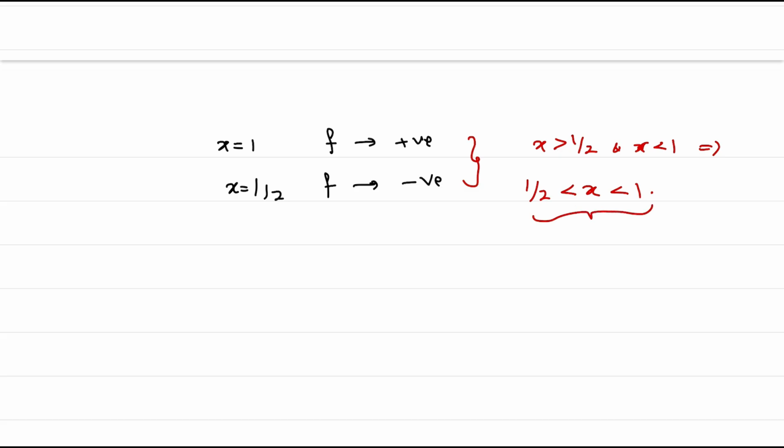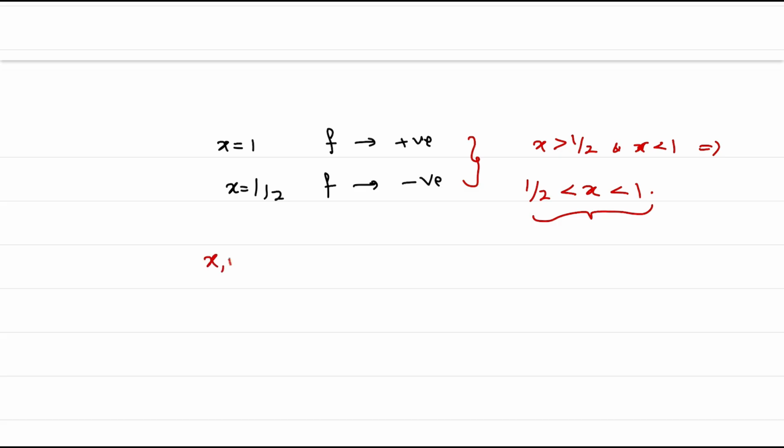If you don't have specific values for logarithms, don't worry. A question in the examination can be asked to find the value of x and y lie between half and 1.